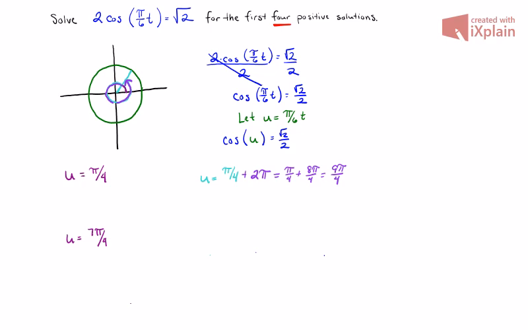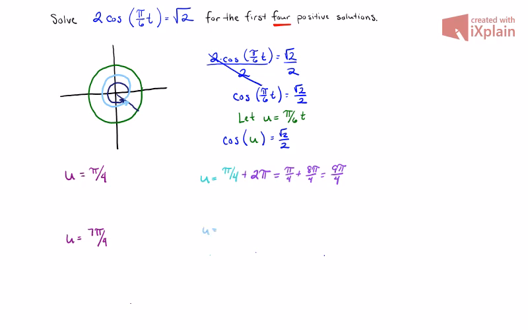So let me go ahead and, again, clean out my work here, because we had said that we had another angle located here at 7 pi over 4, but I can continue it. So I can do another revolution to get back there.